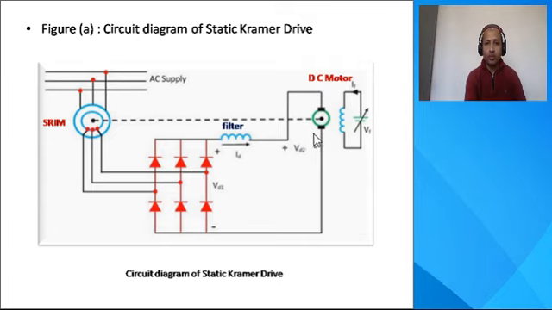Since these two motors are coupled to each other, the total load torque is the sum of the torque of the induction motor as well as the DC motor.